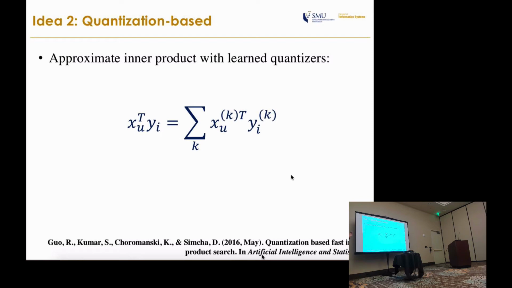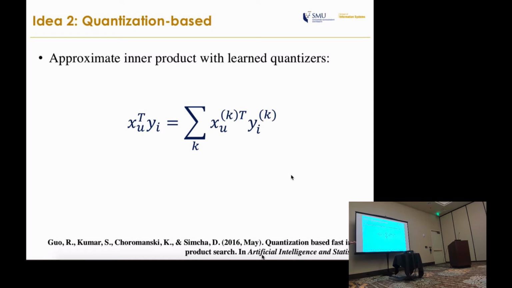So imagine that you can actually reduce the cost of the inner product computation between two 100-dimension vectors into 10 inner products of 10-dimension vectors. So with that, you reduce the cost of a particular inner product computation.